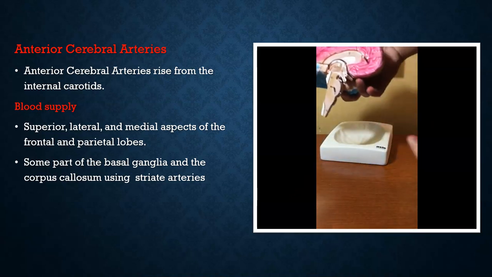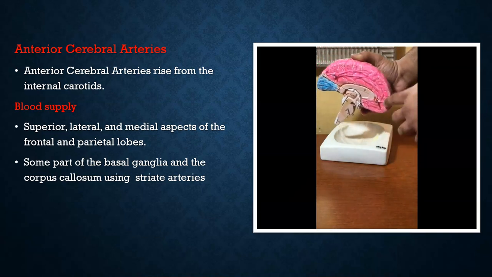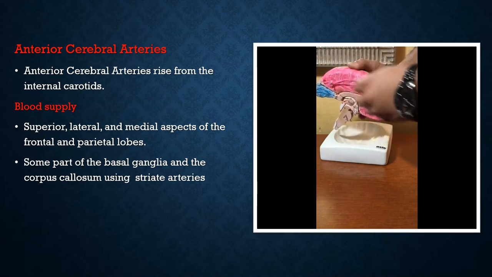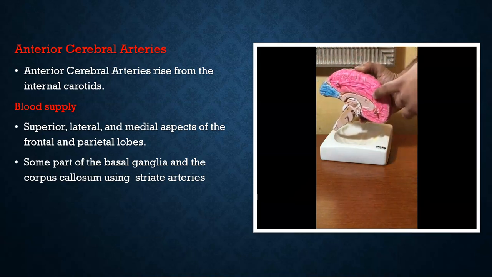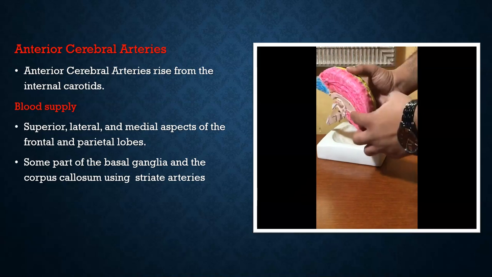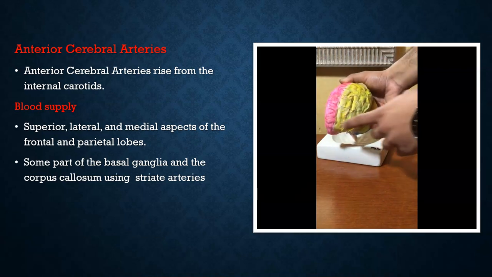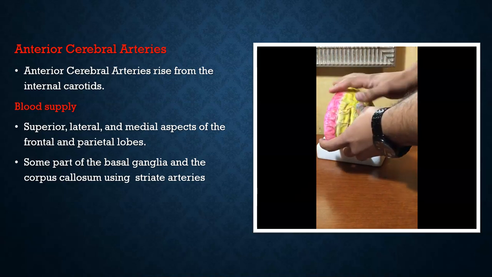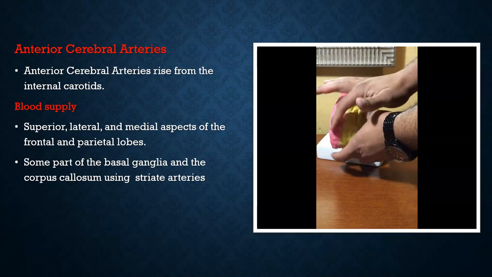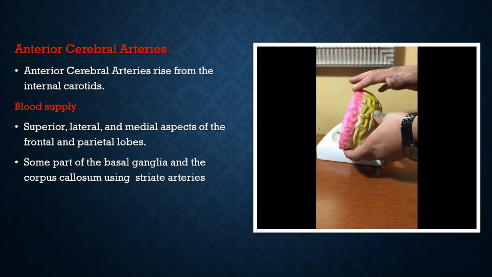This is the ACA coming up in the pink color, and this is the whole distribution of the ACA. The ACA covers the medial aspect of the frontal lobe and parietal lobe, and spills some of the blood onto the superior part of the brain. This is all covered by the ACA: the medial and superior part of the frontal and parietal lobe.